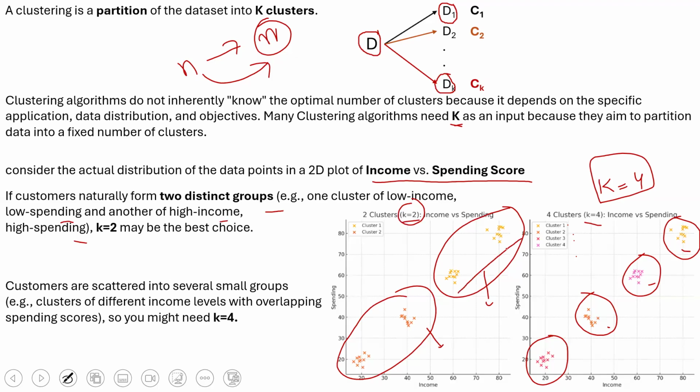So if you look at this, this cluster belongs to high income and high spendings. So you want to break up your data into two different partitions, low income, low spending, and high income and high spending, so that you can run different offers to different sections of people.